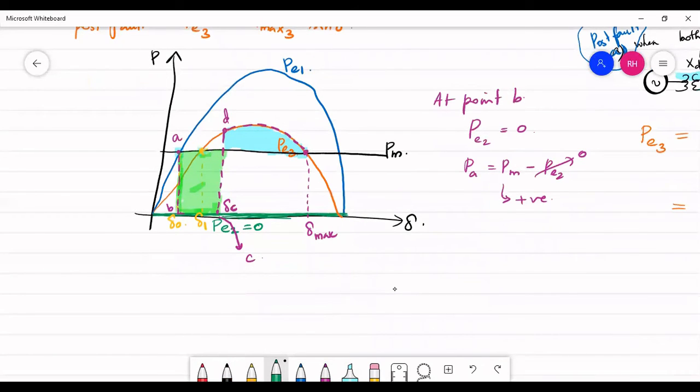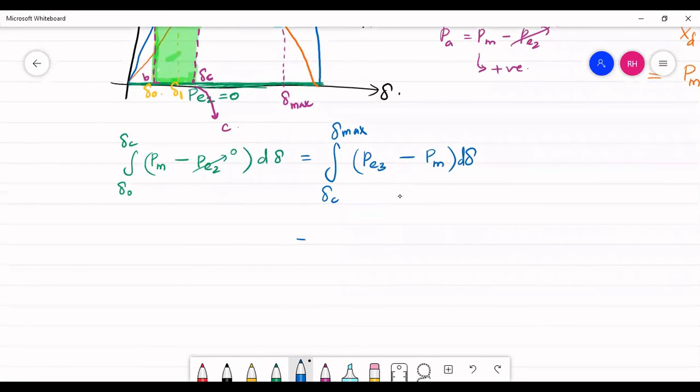The accelerating area, where the angle varies from delta naught to delta C, of Pm minus PE2, where PE2 is 0, has to be equal to the decelerating area in order to have stability.